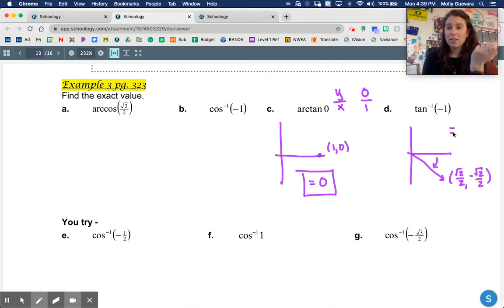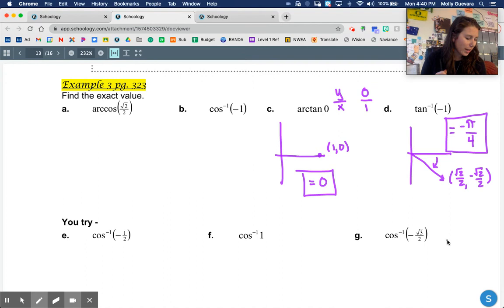This angle is negative pi over 4. So same idea, just a little bit harder because we have to know our tangents as well, okay? So go ahead and try I and J. J is a cotangent, but you'll just take the reciprocal and it'll be the same thing. Okay, so try I and J and see if we can figure out what those tangents are.